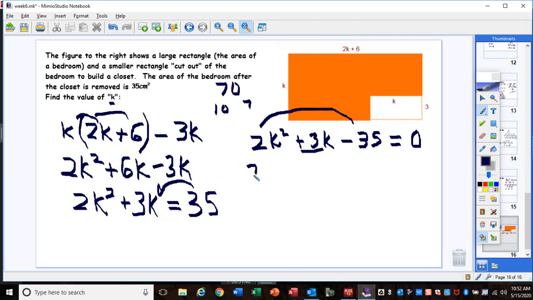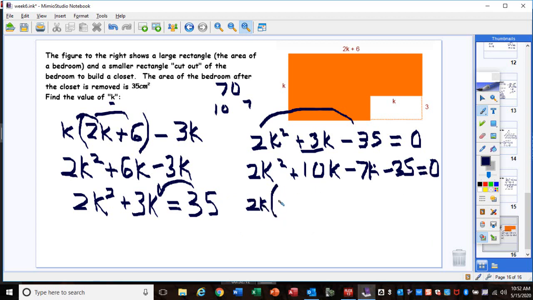So we're going to go 2k squared plus 10k minus 7k minus 35. I wish I had a stylus, but I could write so much faster and so much neater. Still writing with that mouse. Okay, what's common here is 2k. And then k plus 5.